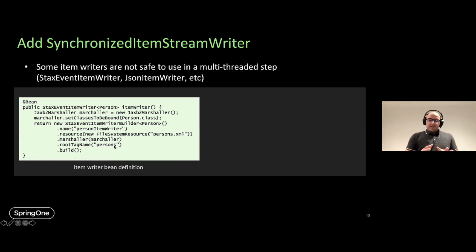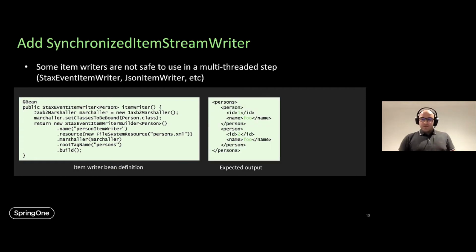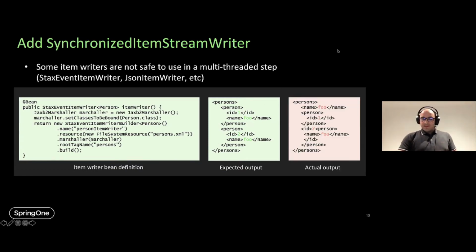Now, if you use this writer in a multi-threaded step, you might be expecting the output to be something like this. We have the persons tag around the content, and then for each item, we have a person tag. This is what you might expect, but you will actually get something like this. So tags will be mixed, they are not in the right order, etc.